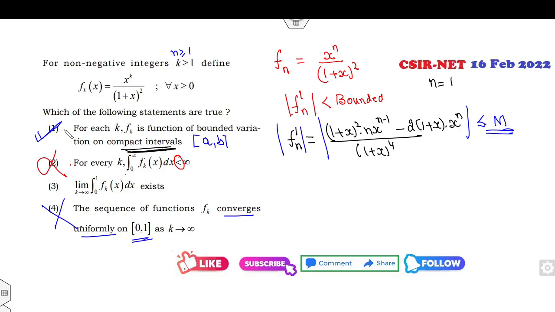Now the integration from 0 to 1 of fk, x raised to power k, that I consider in terms of n over 1 plus x raised to power n, as the limit n approaches infinity. Again very simple, sorry, this is 2. If n is greater than 2, then you can use partial fractions.